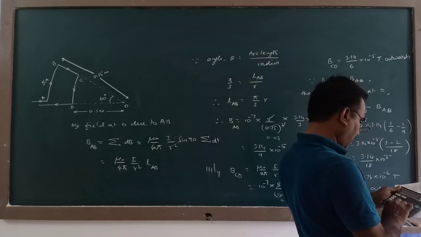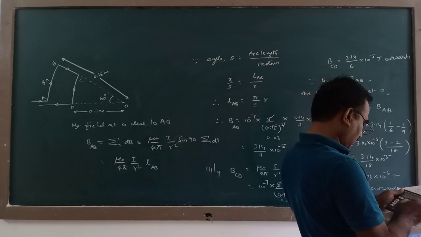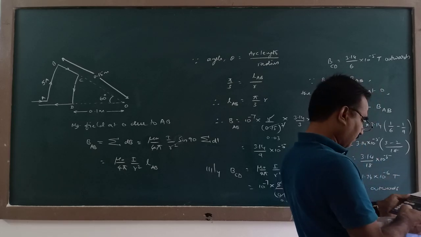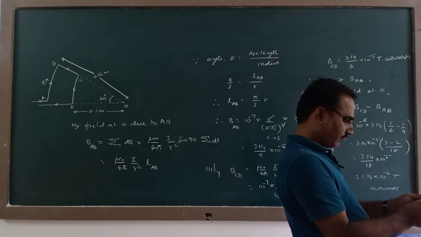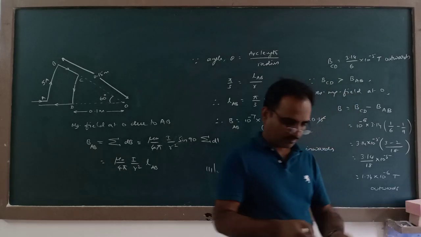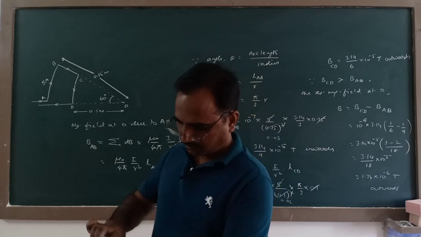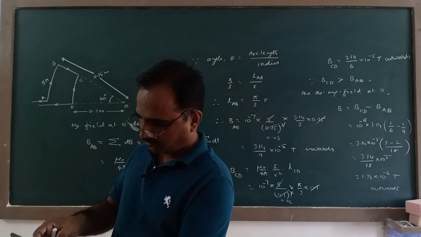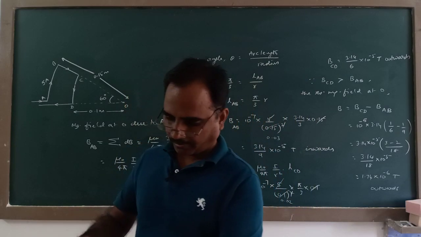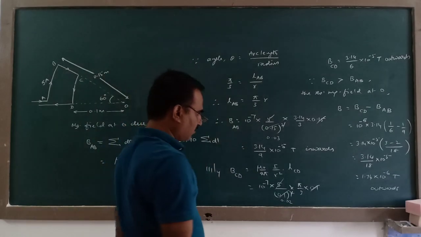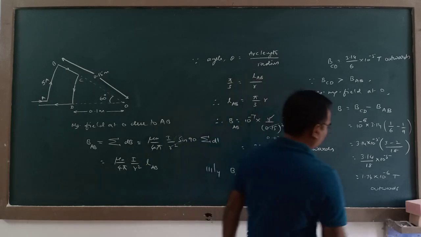So this is 3.14 divided by 18. So 1.74 into 10 to the power of minus 6 Tesla, which is outwards. This is correct.